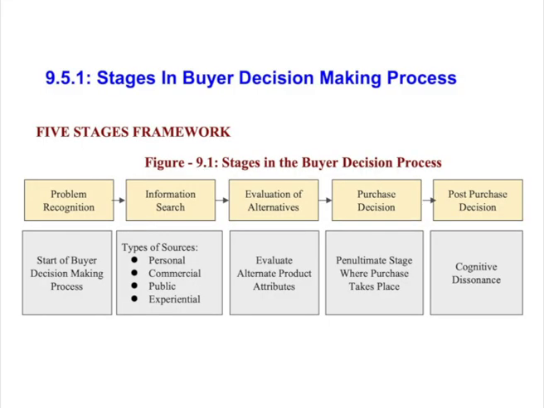The third one is evaluation of alternatives. So this could be in terms of evaluating who are the competitors who are selling these products, offering these products at what price point, what are the product features, how are they differentiating one from the other, etc. This becomes very apparent when we say we are buying a car, because there are so many competitors available, and each has a different set of features that they are offering.